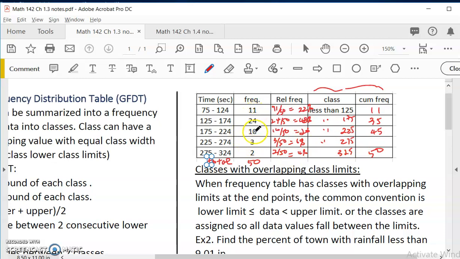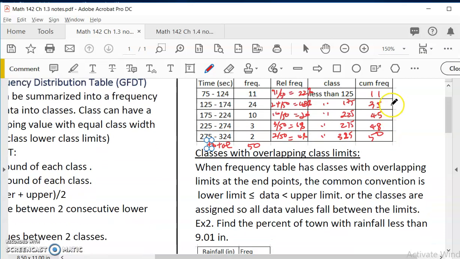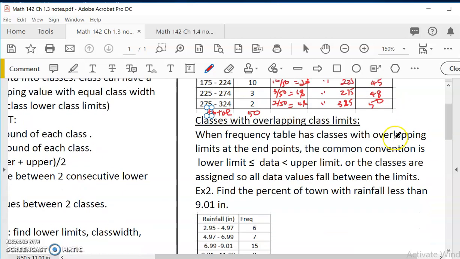So if this is 45, add 3 more, it will be 48. And then the last class would be all less than one more than the last one. The last one is 324, so all of the numbers are less than 325, right? So you just add one more, and that would be all numbers, which is 50. So this is called cumulative frequency. It can answer questions of less than a number.